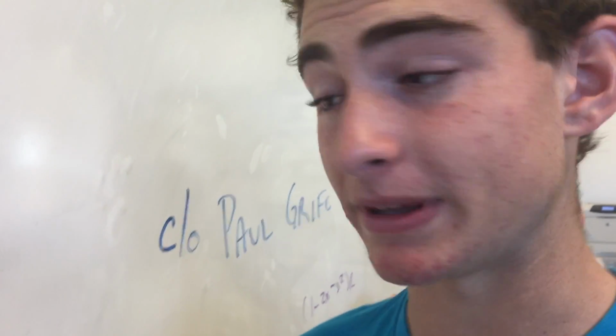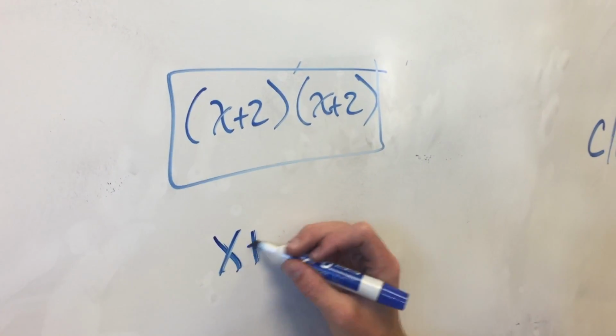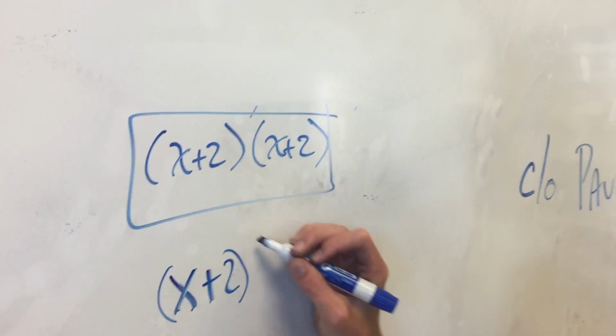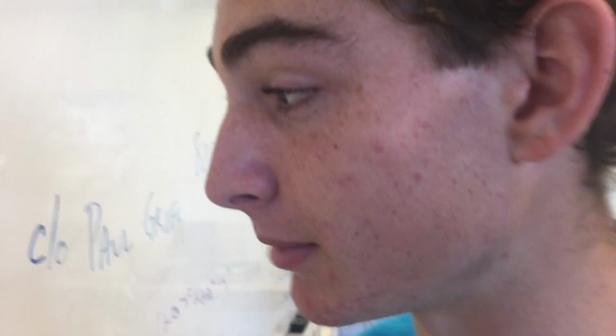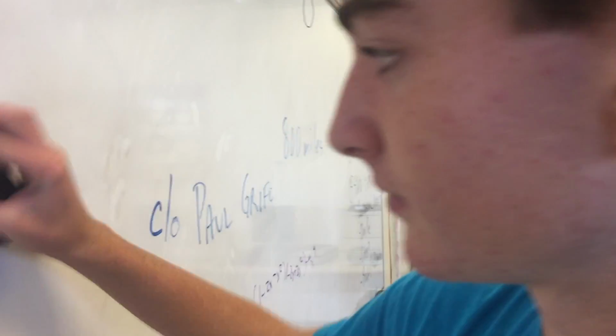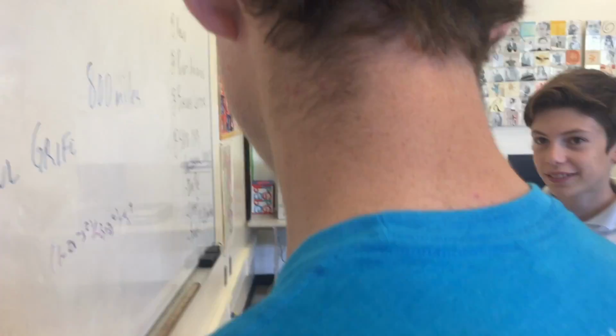Of course, we're never done. x plus 2 and x plus 2 could also be considered x plus 2 squared. Now, for a more difficult problem. Alright. Let's move up.